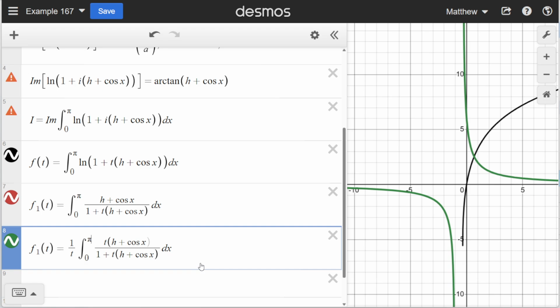Then we're going to go 1 plus. If we did that, we have to subtract what we just added. So we subtract that, and that should get us back to our original f prime of t. The reason I did that is because this is just going to become dx now, so this is just going to be pi over t.